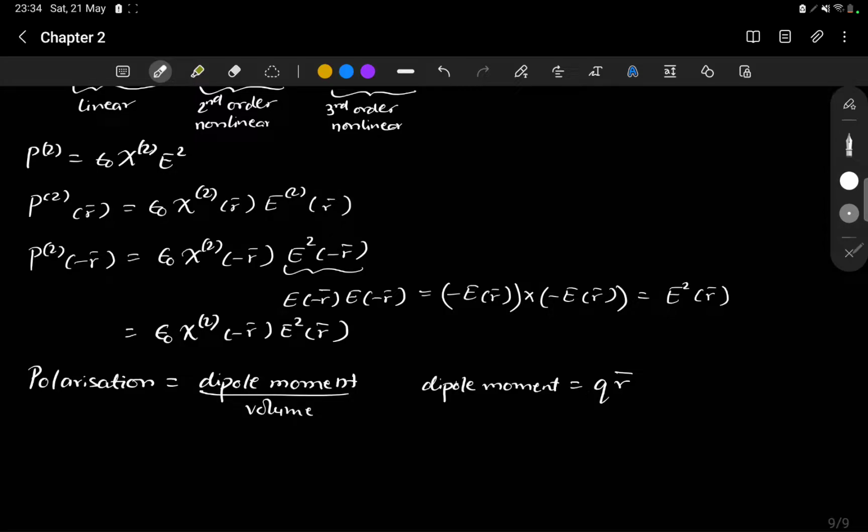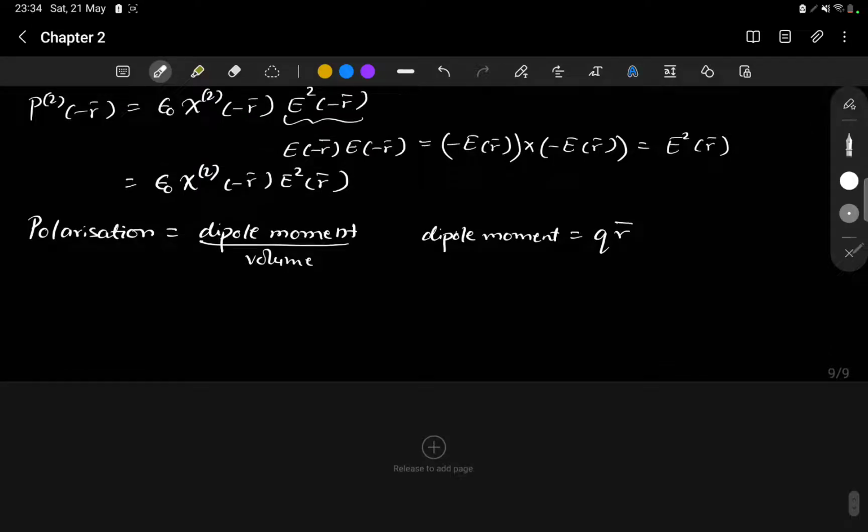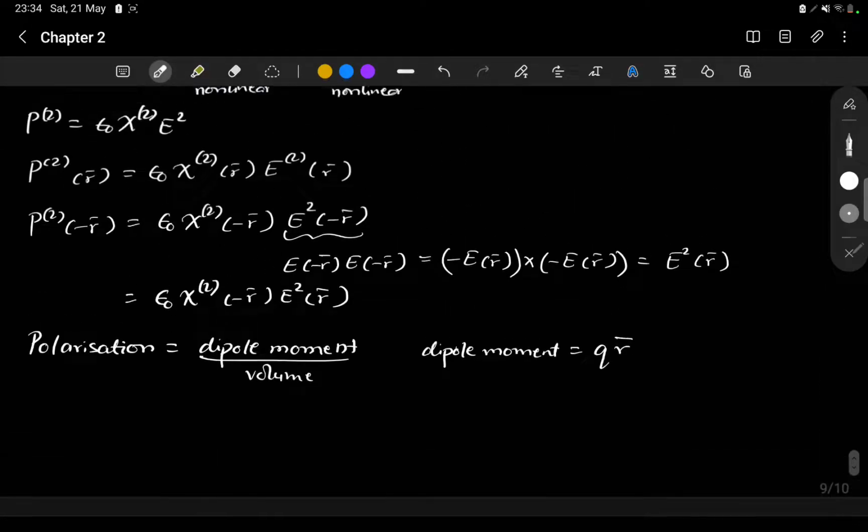So dipole moment is basically given as the following: charge times the position vector of that given charge. If we have multiple point charges, then we will take the sum of these quantities, but in terms of dimensions, it is charge times the distance.